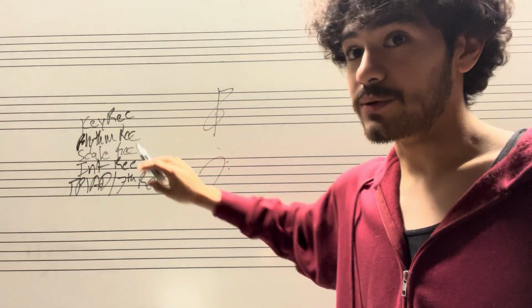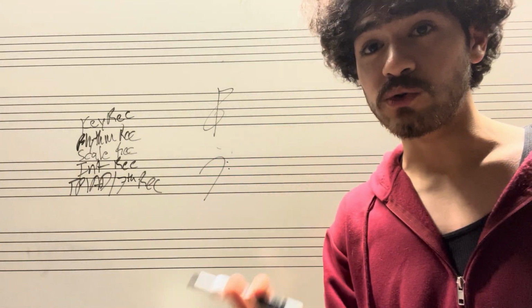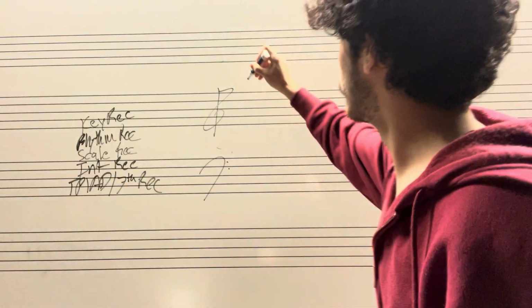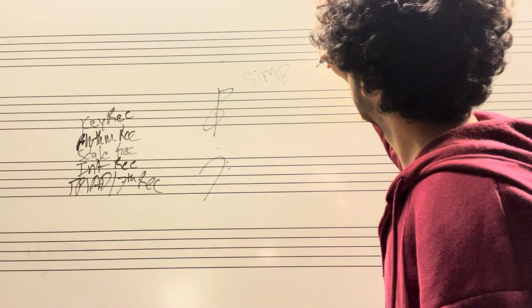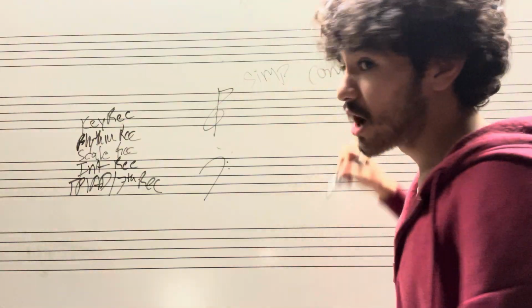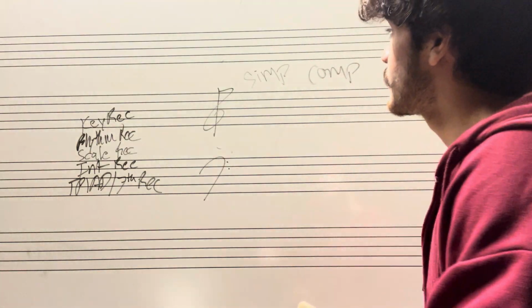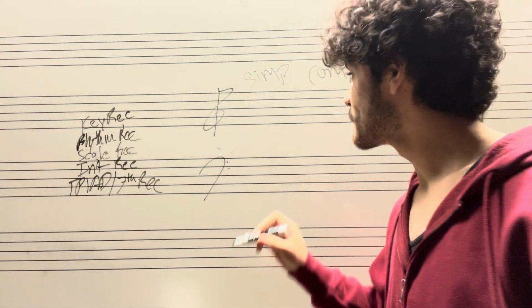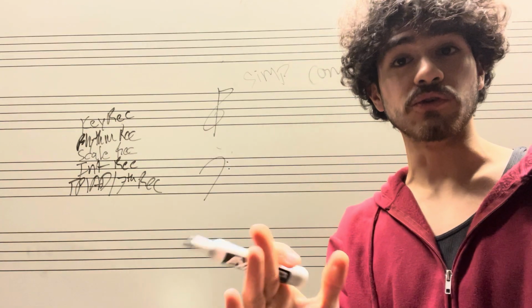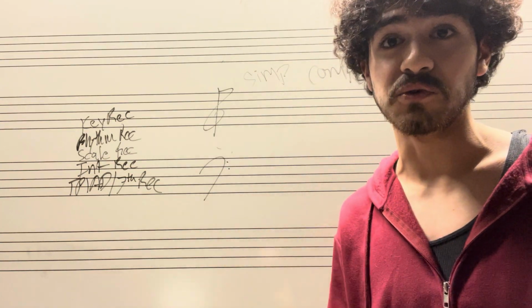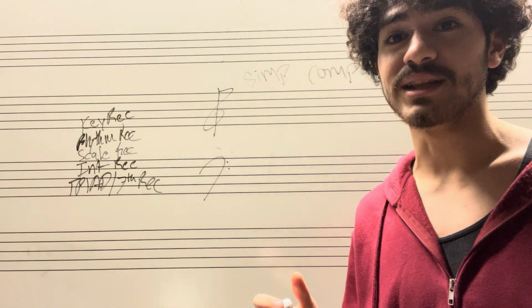Alright, rhythm. We have two categories of rhythm: simple rhythms and compound rhythms, meaning time signatures. Your simple ones are divisible by 2: your 4/4, your 4/2, your 2/4, things like that.